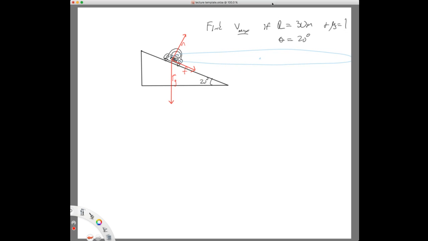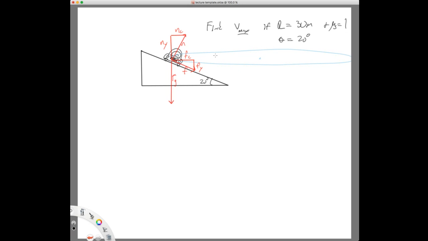So we want to split our vectors into not down the ramp and perpendicular to the ramp components, but regular old horizontal and vertical components. Okay, so that's how we do it. This will be NY, and this is NC. And then we have a friction Y and a friction C. So those are my forces. I've got the diagram correctly.